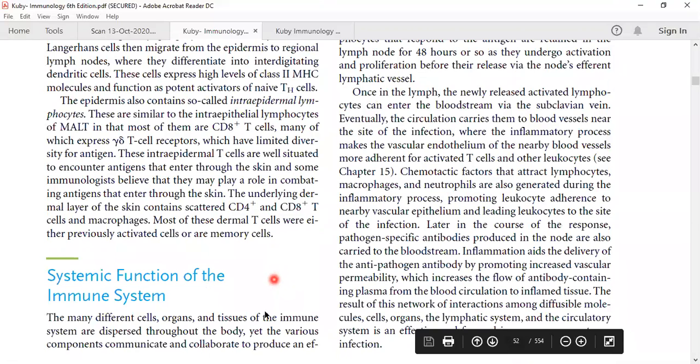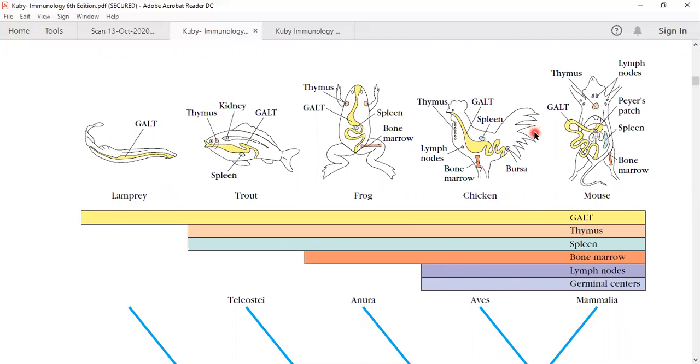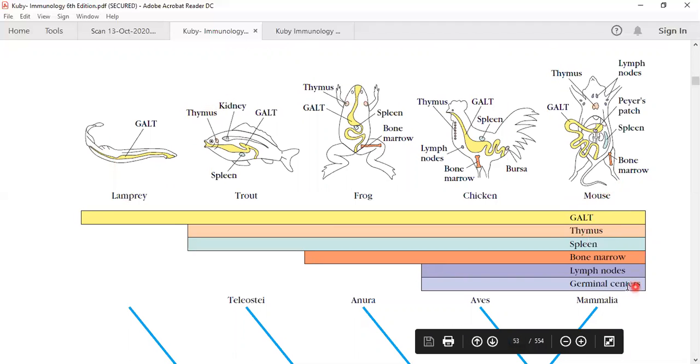So that was it. In the different organisms, according to the complexity, different types of systems are present. Actually, the gut associated lymphoid tissue is present in all the species, starting from the lamprey, and in the vertebrates. But some are very specialized structures, for example, lymph nodes and germinal centers, which are present only in higher animals, in vertebrates.